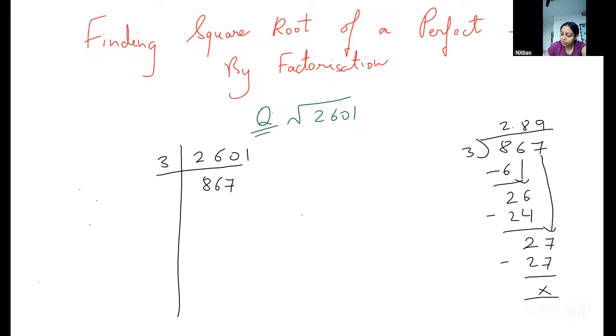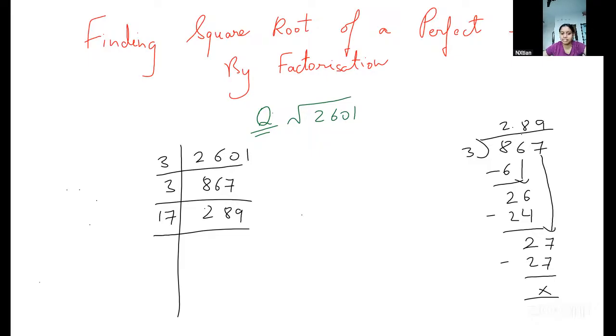289. Okay. Then again 289. Again, you will not be getting very simple numbers with 289. It's going to be divisible with 17. Okay.